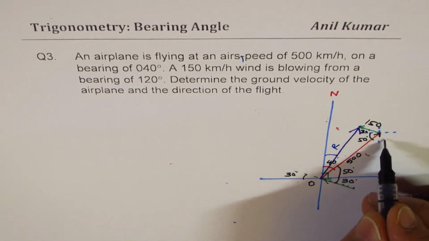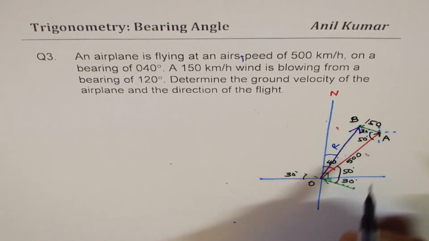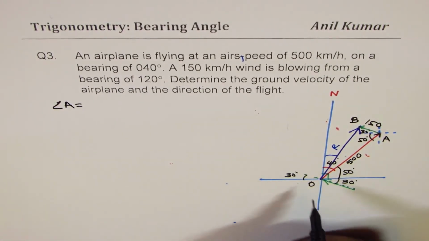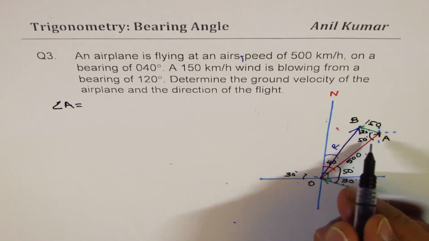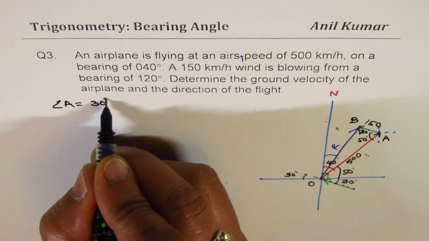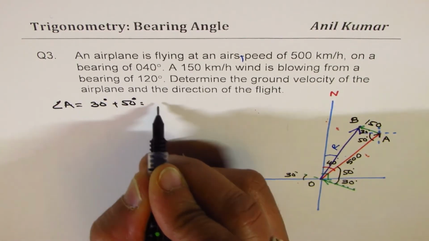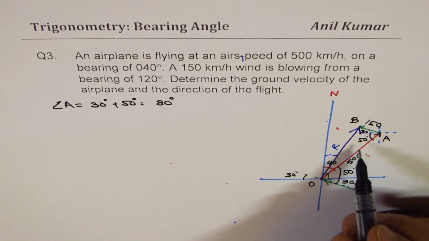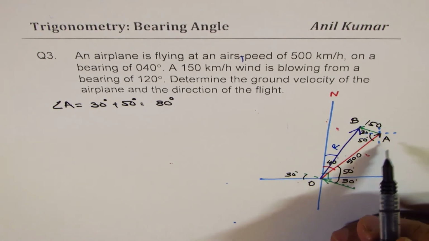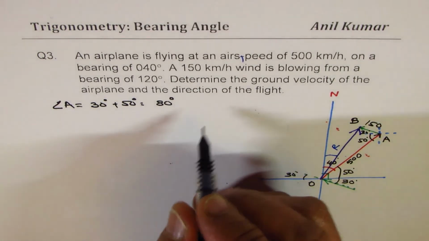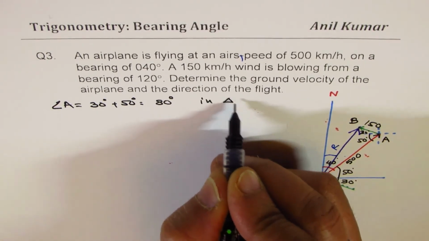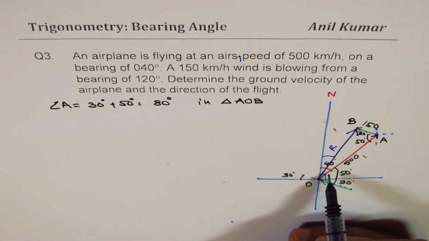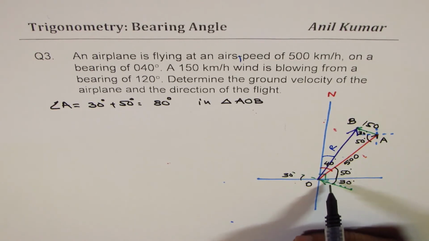So let me call this O, A and B as the positions. So we know that the angle at A, which is angle OAB, is equal to 30 degrees plus 50 degrees, which is 80 degrees. Now we are looking into the triangle AOB, right? So in triangle AOB, the other angle, which is O, should be how much?